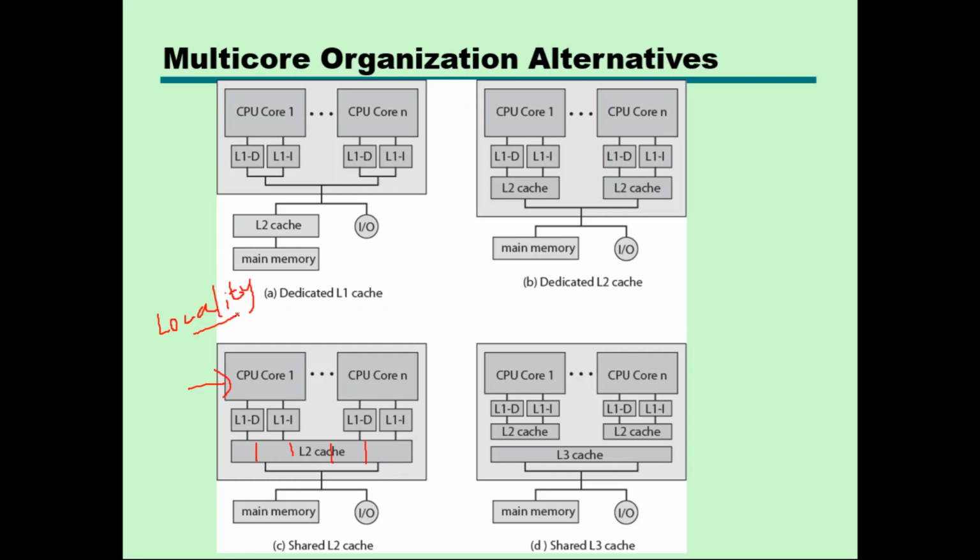Temporal locality means the data which is requested recently is highly expected to be required again by the processor. Spatial locality means that if data at memory location X is requested at time t, it is highly likely that location X plus 1 will also be required after some time.